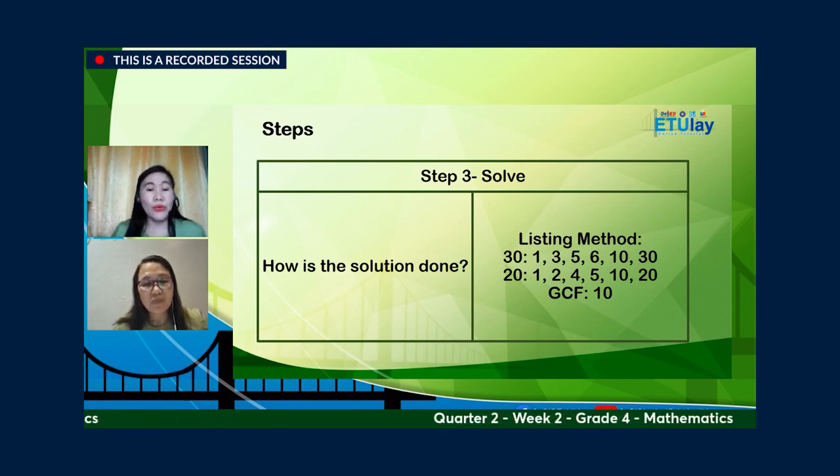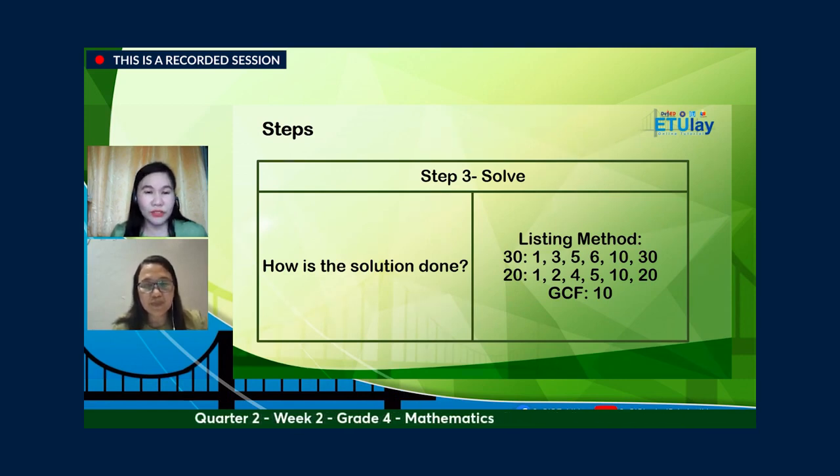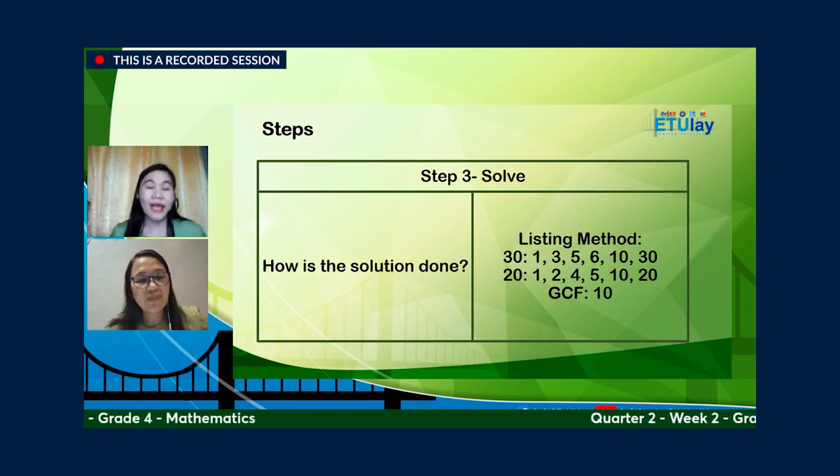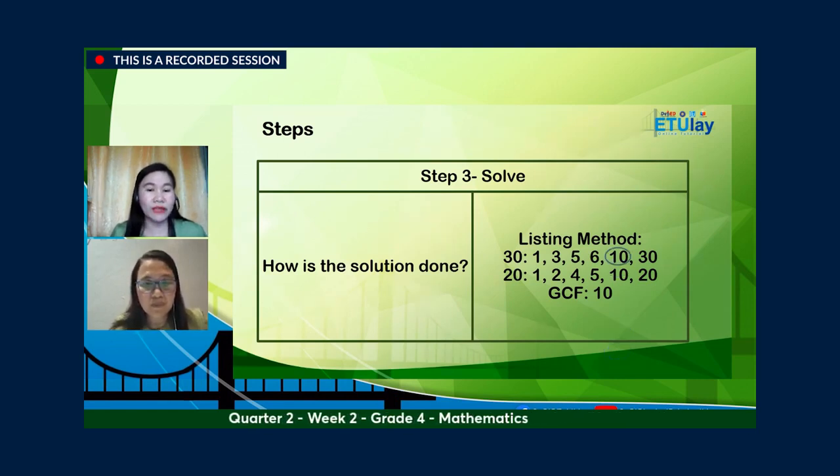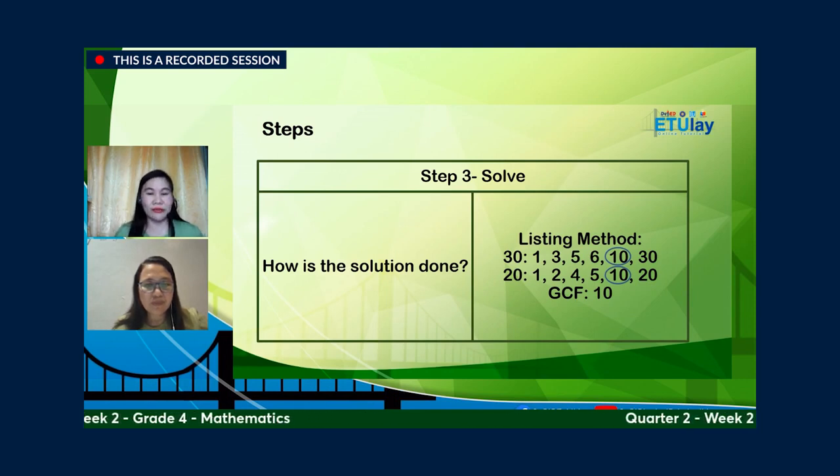So, you can see there that merong mga common factors. At ang pipiliin mo lang dyan sa common factor na yan ay yung pinakamataas, the greatest common factor. At obviously, the greatest common factor is 10. Okay, so 30 and 20, the GCF is 10.